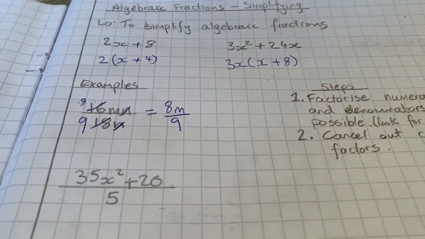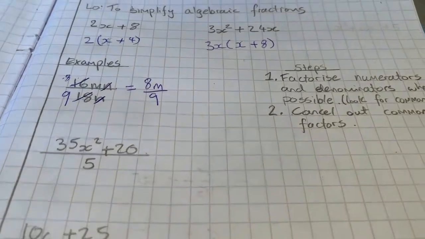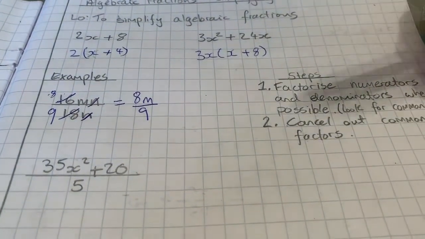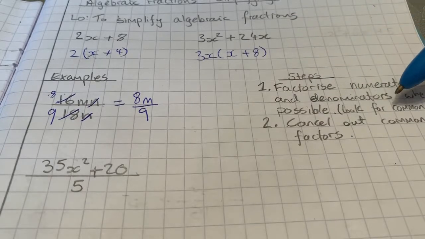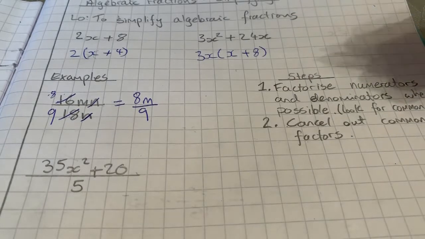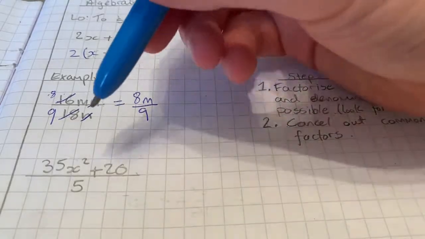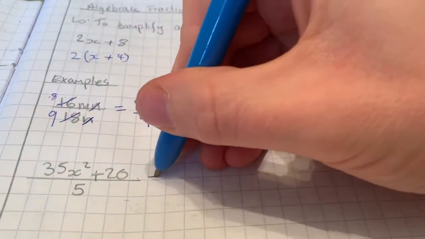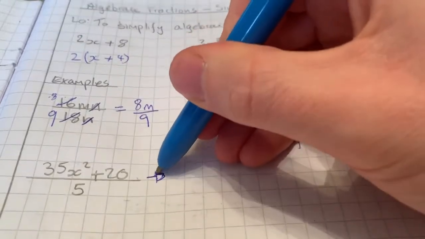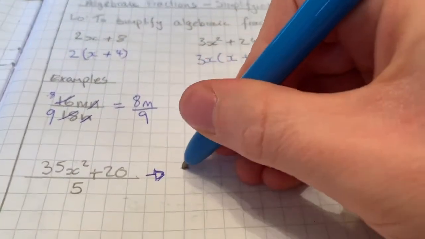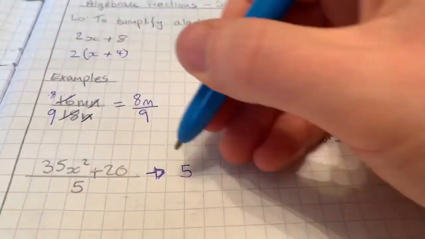So let's move it up to another level. So if we look at this here, now I did say about factorising the numerators and denominators if possible. So here we can factorise the numerator. You can see there we've got a common factor of 5. So I'm going to bring 5 out.